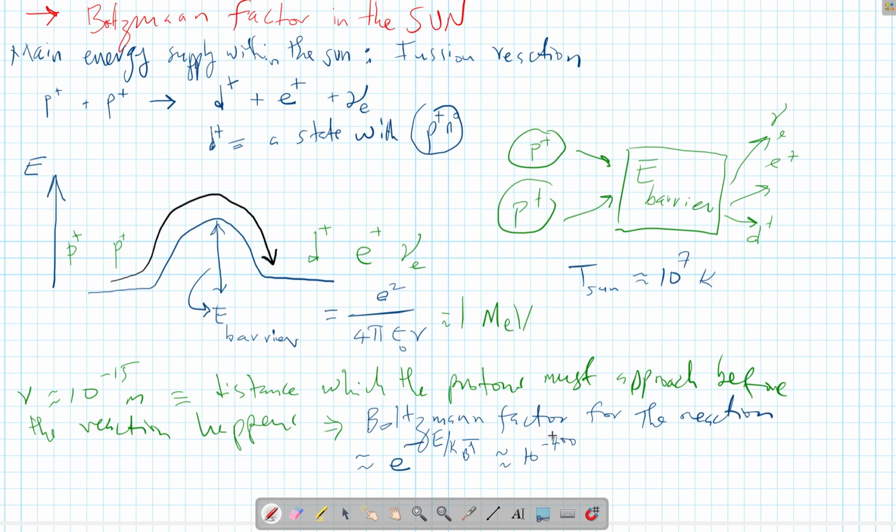So what's going on? I mean, this is like zero. It's like saying that this reaction is not possible. And if this reaction is not possible to take place in the sun, it means that we don't have energy production in the sun, we don't have sunlight, so boom, we're all gone, nowhere to be found.